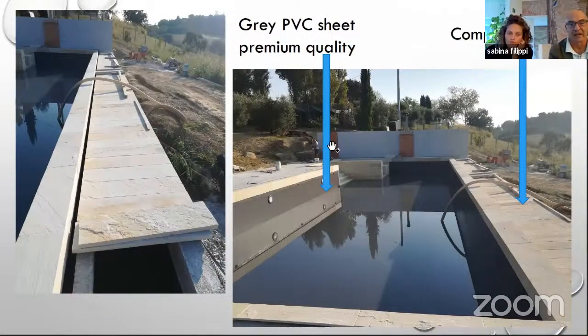The same concept we have used to cover just the top part of the pools. In other words, we have used stones only for about 20 centimeters from the top, and the other part of the pools, the bottom, is PVC with a dark color to obtain a lake effect.